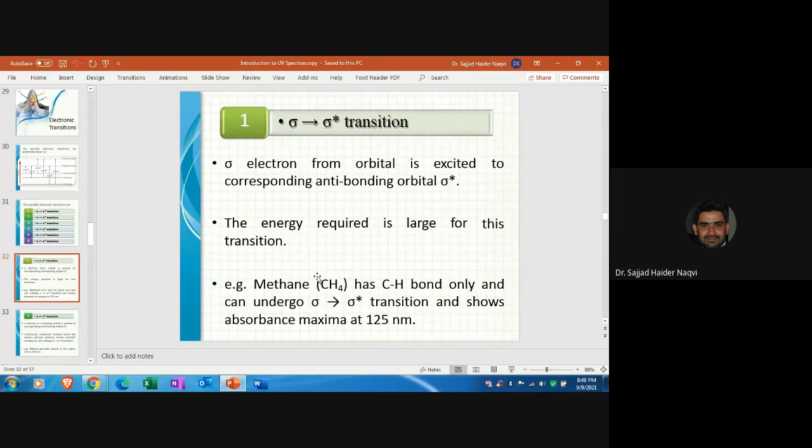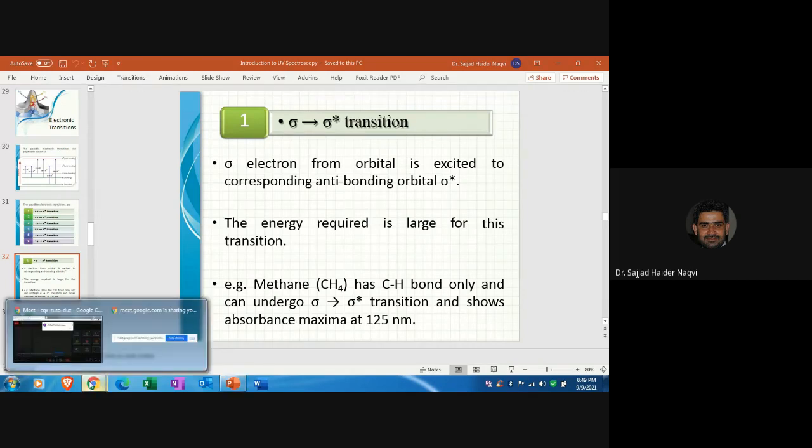The example of that is methane. The methane molecule has carbon-hydrogen bonds, because there's 1 carbon and 4 hydrogens, so all the 4 bonds are identical. In this case, it has only single covalent bonds between carbon and hydrogen, and it can undergo the sigma to sigma star transition, and it shows an absorbance maximum at about 125 nanometer.